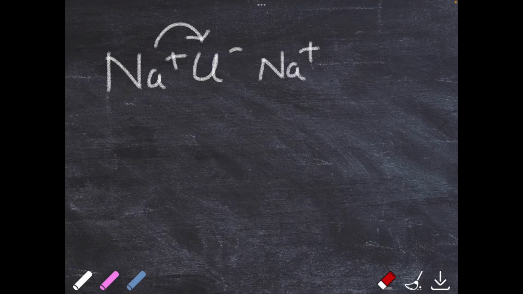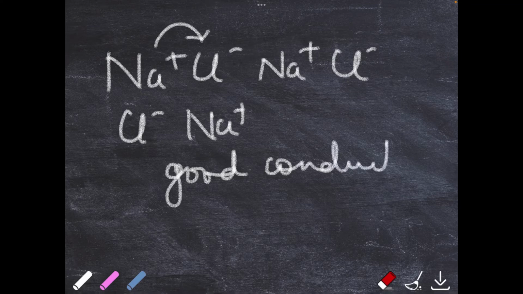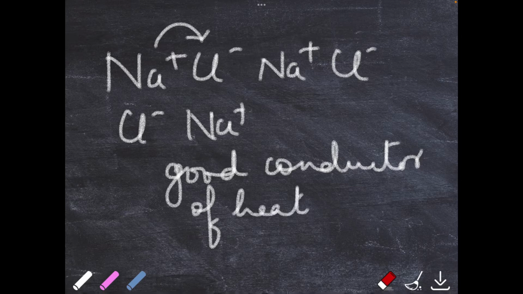So they tend to be very good solids, and the density is very high. And because the density is very high, obviously they are good conductors of heat, because the more dense a material is, the better it is a conductor of heat. So they generally occur in solid state and are very good conductors of heat due to high density.